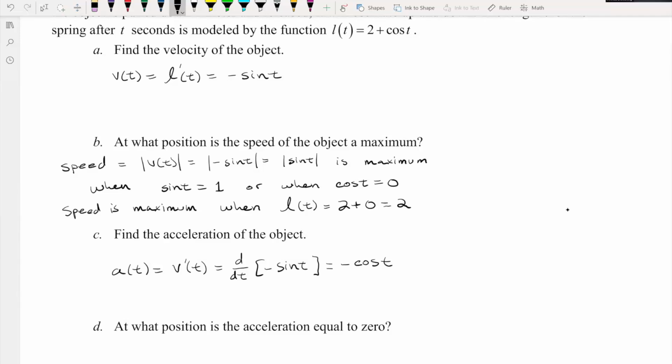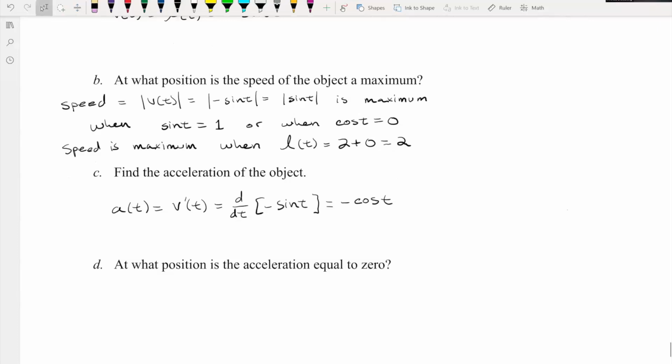And they want to know at what position the acceleration is 0. Well, acceleration, which is negative cosine t, is equal to 0, happens when the cosine of t is equal to 0.